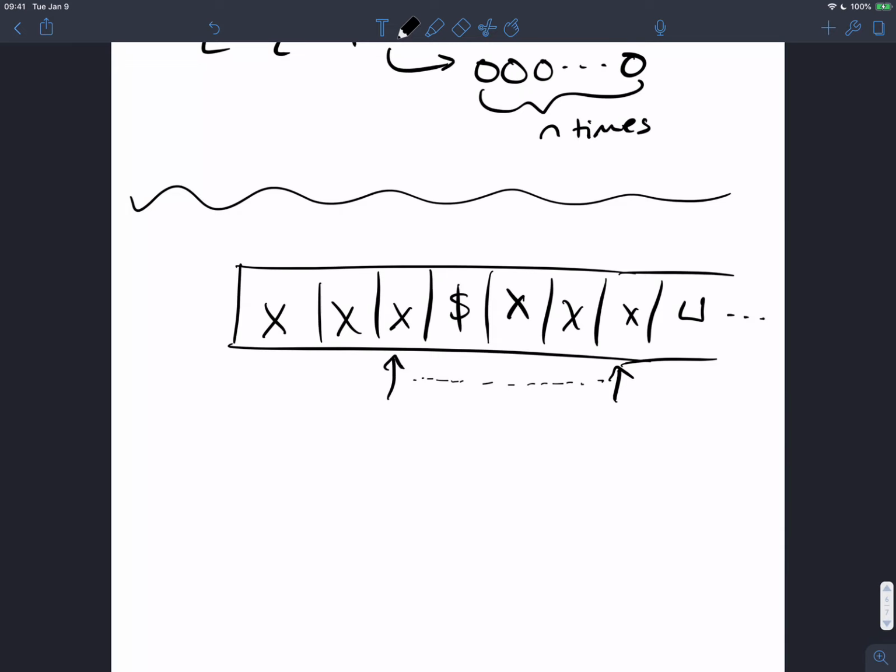The third X right here, right? And then what does my finite control tell me to do? Move right, because that's what we did before. Okay, so now we're pointed at a $ sign. Success. Or is it?